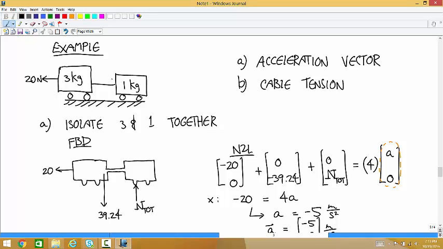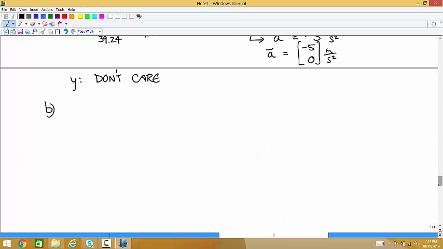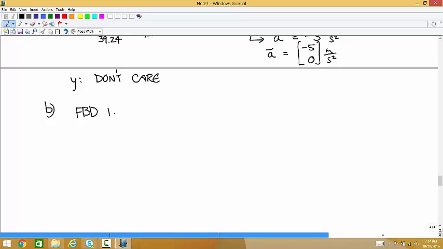So now I'm going to isolate the 1 kilogram, say. Watch this. Isolate the 1 kilogram. There's a weight force of, and I'm going to do what I said to do before, include a little stump of that cable.